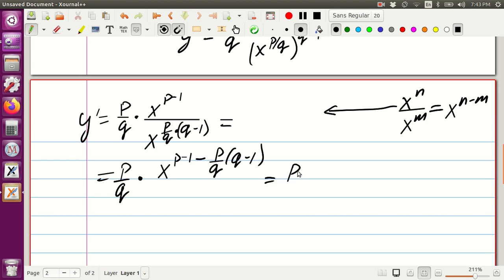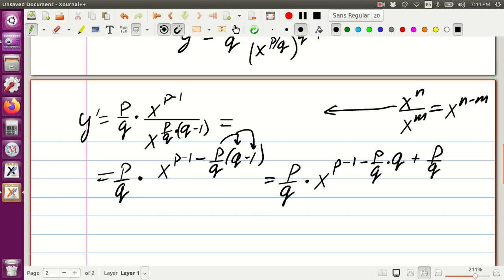Alright, which is equal to p over q times x to the p minus 1 minus, and we're going to distribute this expression through. So p over q times q minus and minus gives us plus p over q.